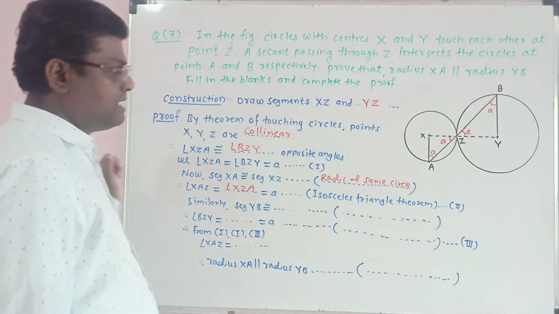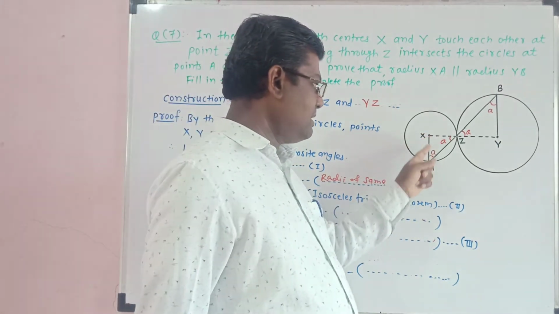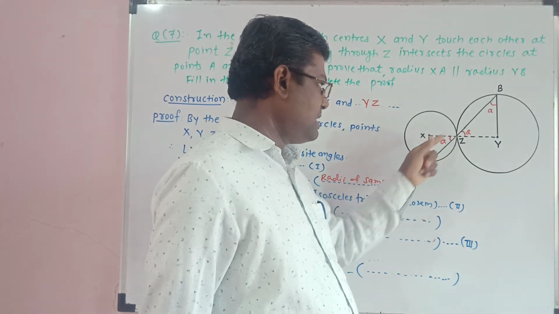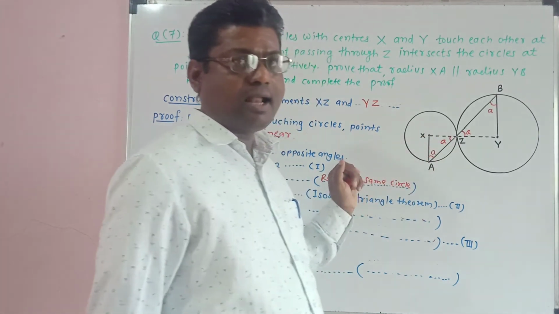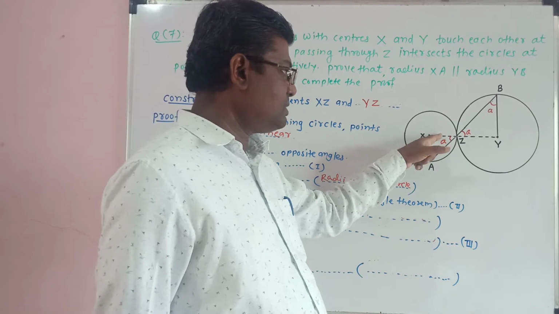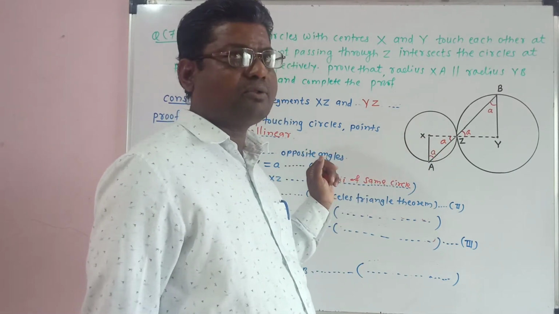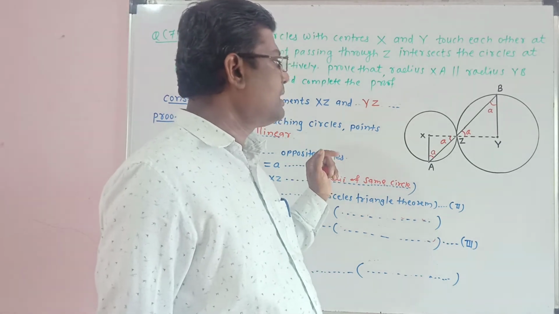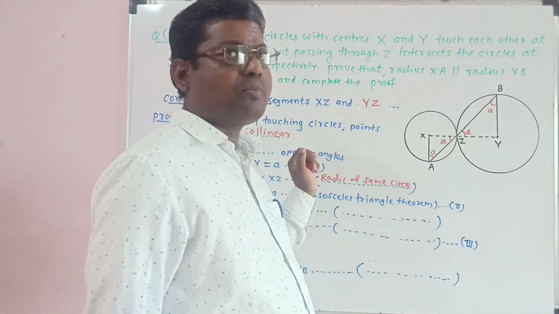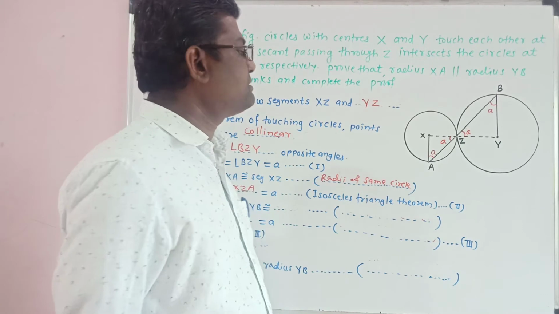Isosceles triangle theorem. In triangle XAZ, XZ is equal to XA, radii of the same circle, therefore this triangle is an isosceles triangle. So according to the isosceles triangle theorem, the angles opposite to congruent sides are congruent.